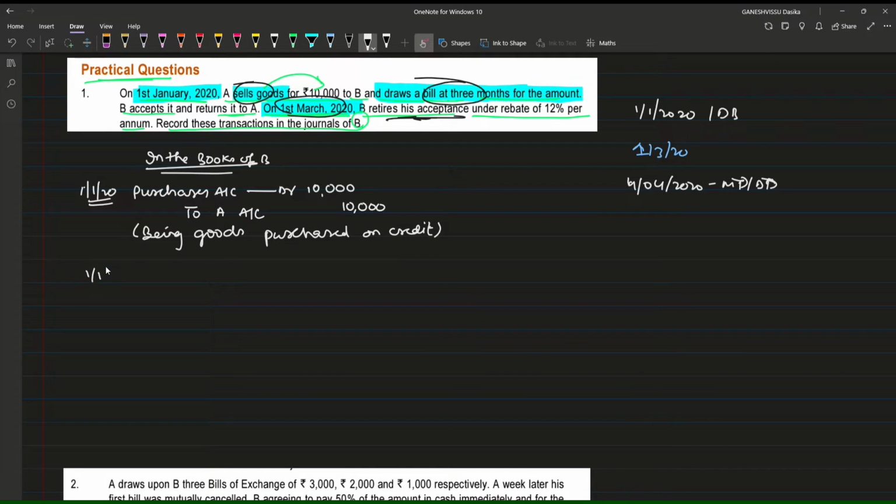On the same date, 1/1/2020, A account debit to bills payable, 10,000 rupees.